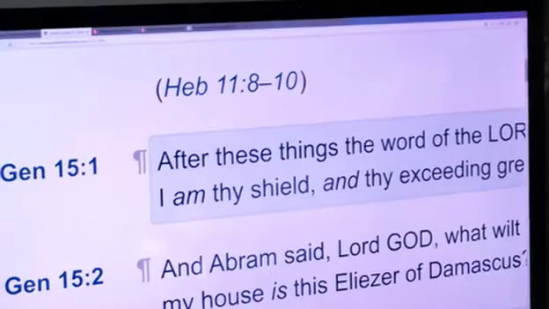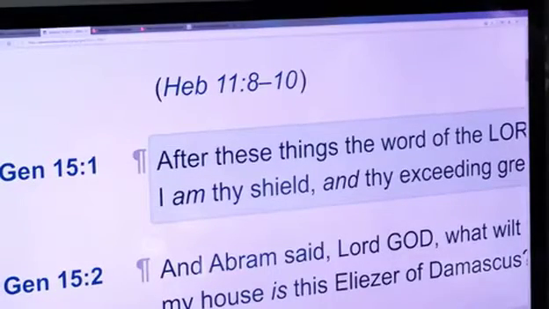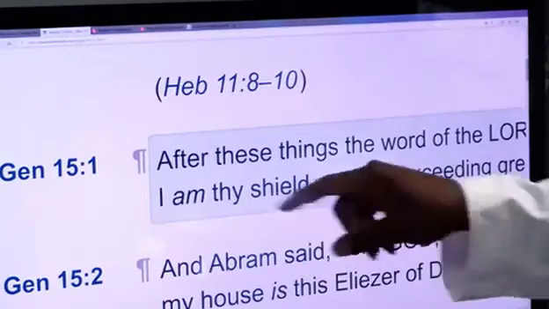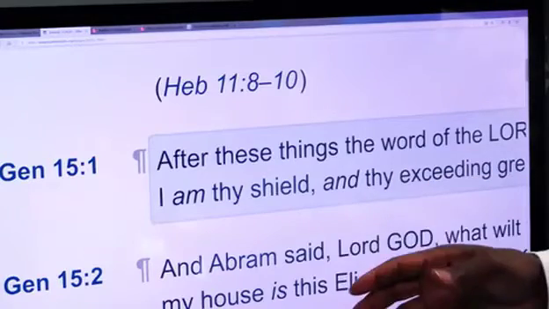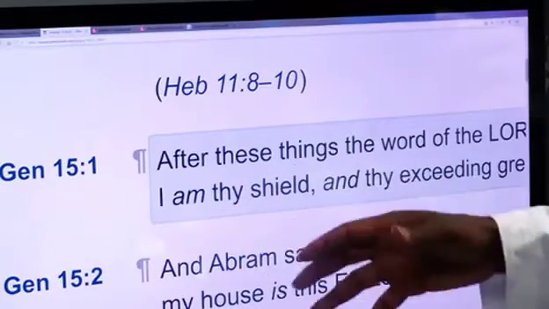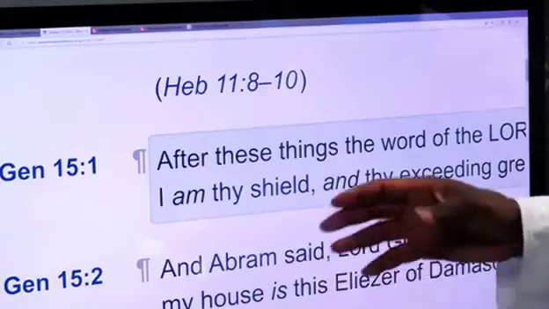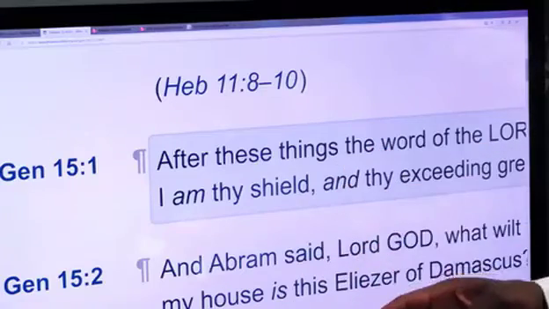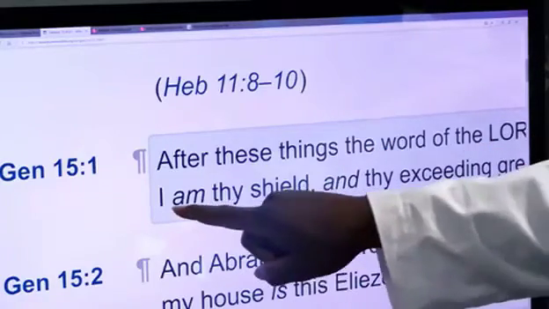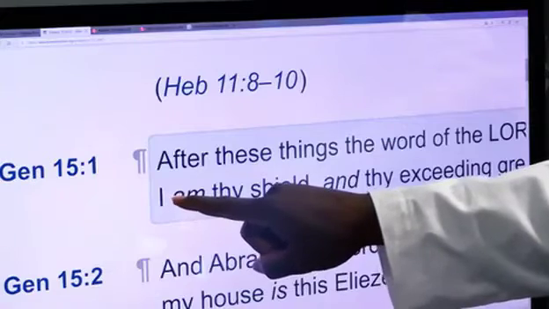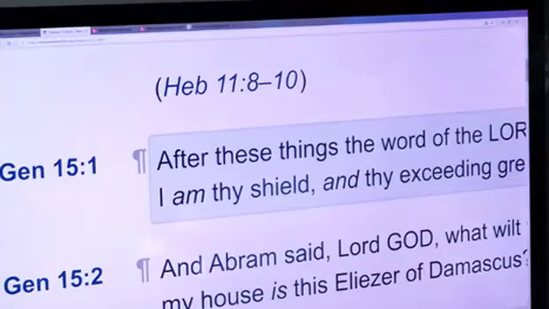Okay? Now some people look at this and say, well, they added words into the language. See, it's italicized, they added that in there. Well, yes, they added it in there, but it's based upon the usage of this Hebrew word anya throughout the Bible.